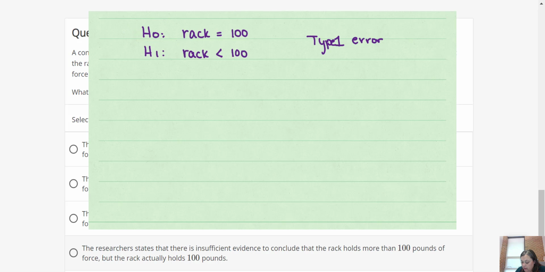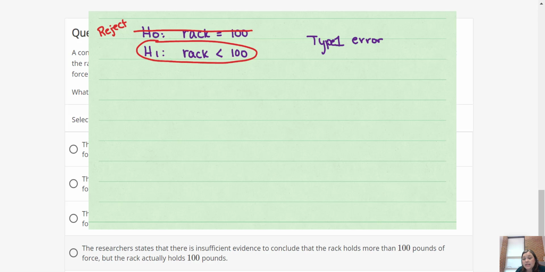So I'm going to cross this off. That's the decision we made. We made the decision to reject that. And then this is the conclusion that we make. Because we're rejecting the null, we make the conclusion that the rack holds less than 100.